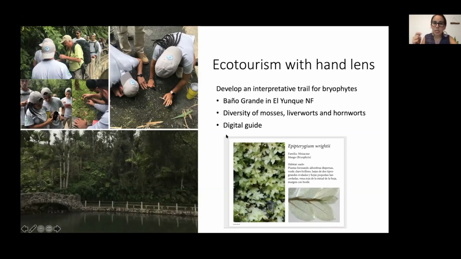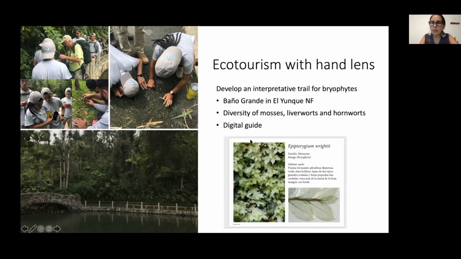What this means is that you can bring your hand lens and have a small guide similar to the one that is showing down here. And that guide will tell you features that you can see in the field when you go out, so you can identify the plant. And for me, the most important part is to learn to appreciate them.